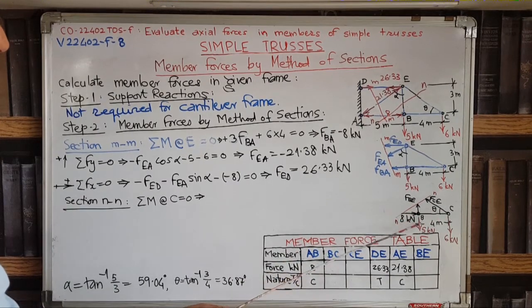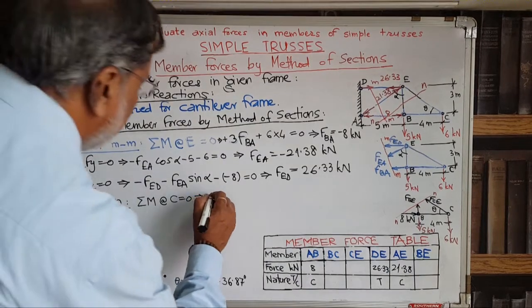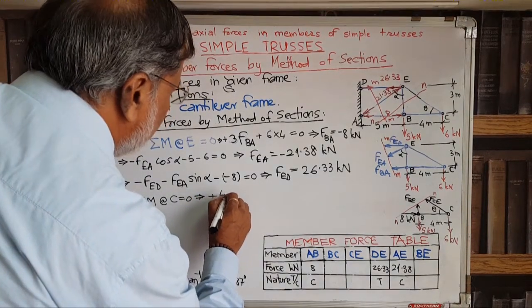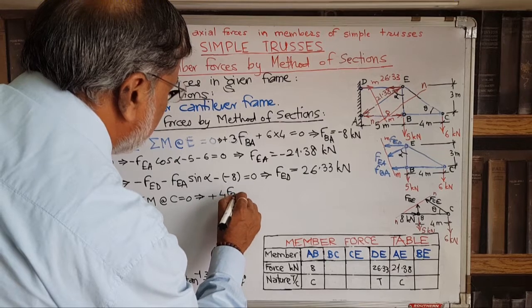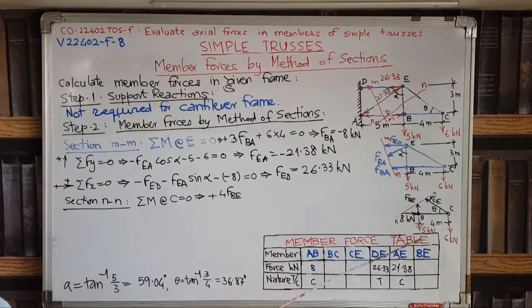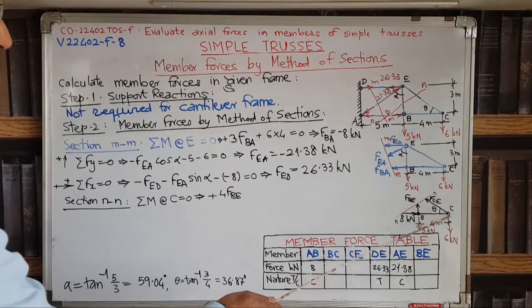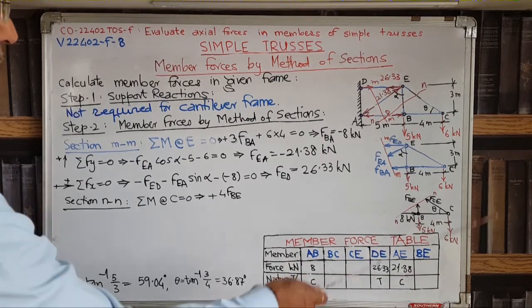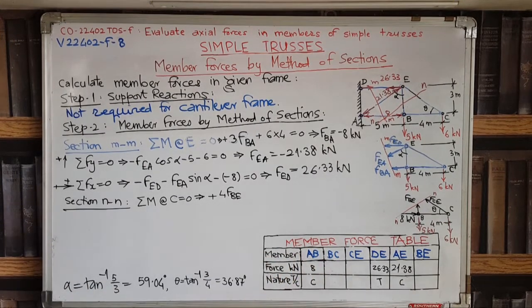FBE is at a perpendicular distance of 4 meters. So FBE will rotate about point C in clockwise sense. So it is plus 4 times FBE. On the same line, in the opposite direction, we have got 5 kilonewton force also. It is also 4 meters away from C, perpendicular distance. So it will rotate about C in anti-clockwise sense.